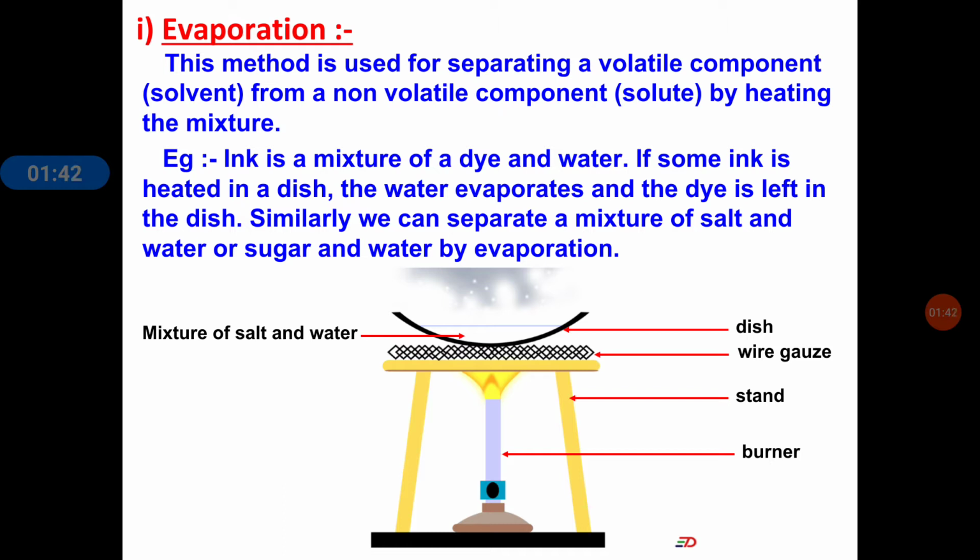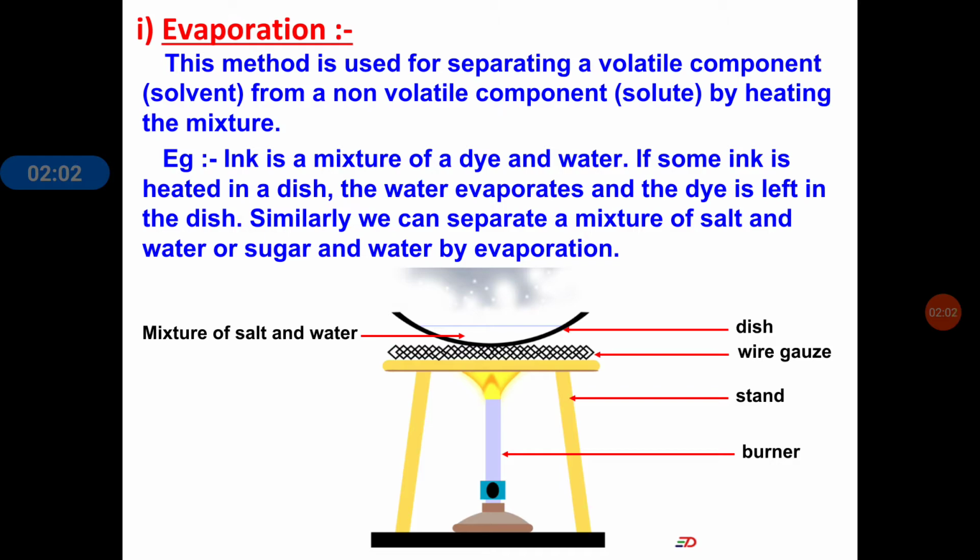The solvent which is volatile in nature will separate from the non-volatile solute. And in the evaporation method, the heating of the mixture takes place. We can separate the volatile solvent from the solute by the heating technique.